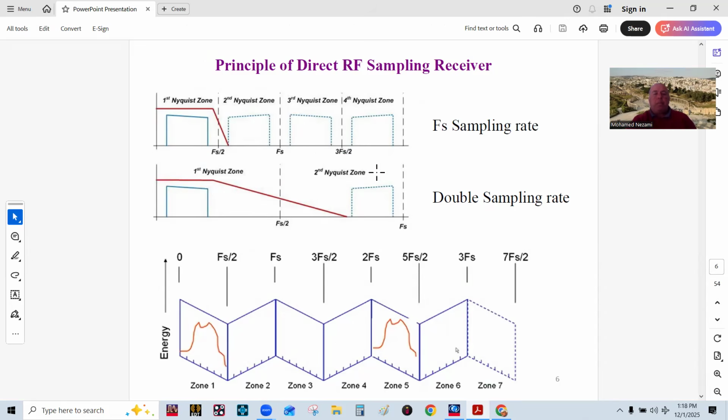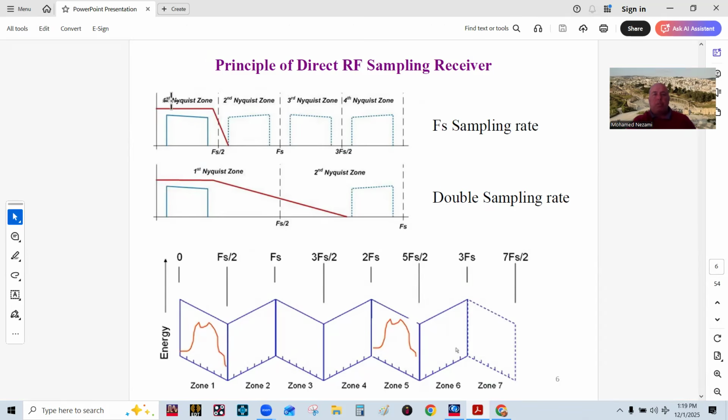So this creates the concept of subsampling, which says that if you digitize a passband, you get exactly that same passband over and over and over. And these regions are called Nyquist zones.